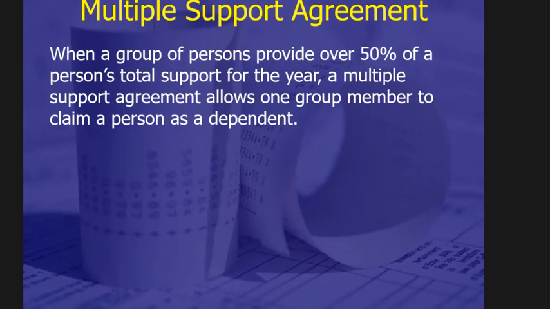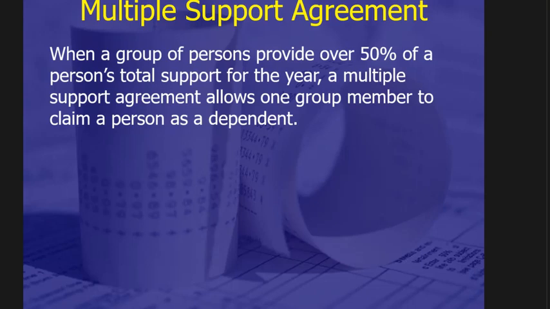Multiple support agreements. This is when the person that we're looking at claiming as a dependent is, say, grandma, and she lives in a rest facility, and several grandchildren or multiple people pay for that. They all put in money towards her support.